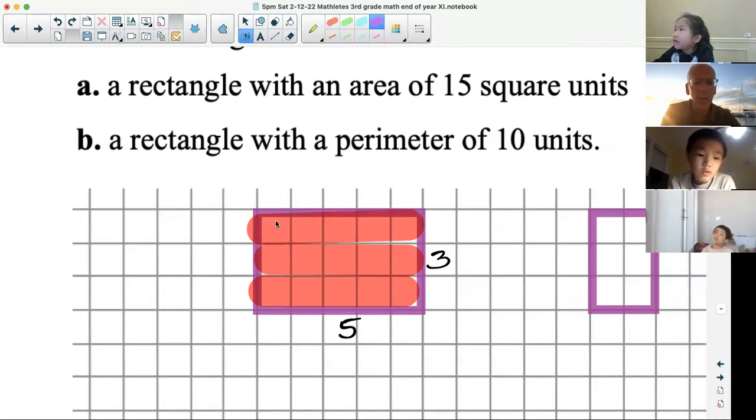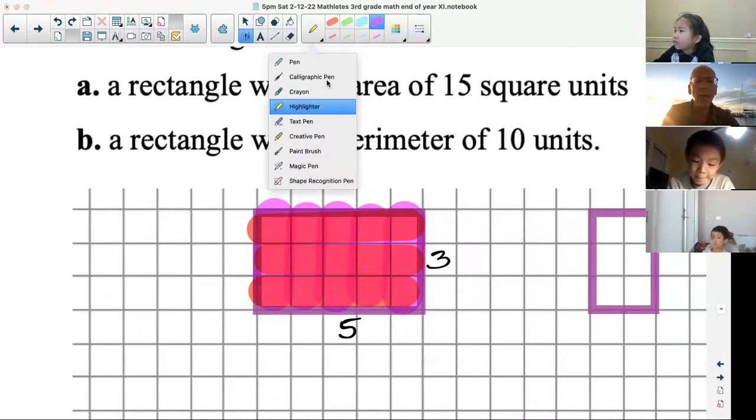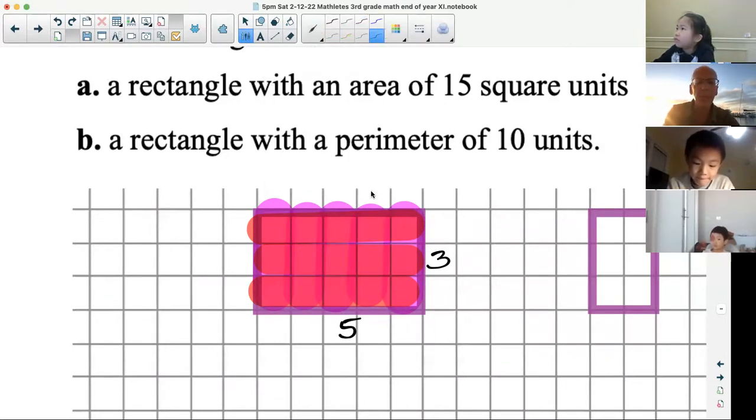Or could we have done 3, 6, 9, 12, 15. 15. What do you guys think? Yes. So any way you do it, Jason B, beautiful job. 15 square units is the area of that rectangle.